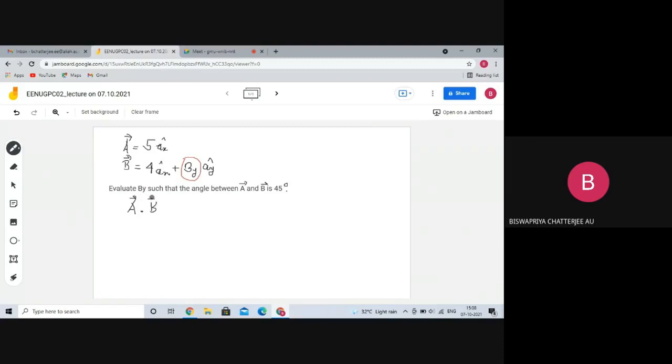A dot B is equal to AB cos theta, the magnitude of A into the magnitude of B into cos theta.